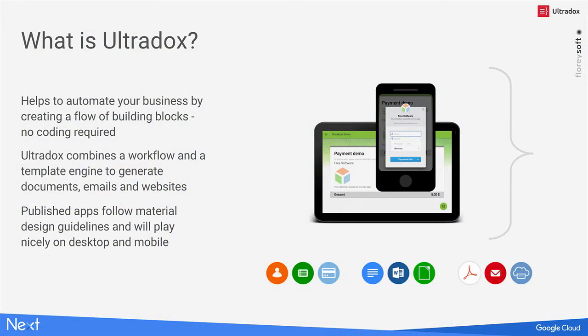Once you're happy with your flow, you can then publish your app with a single click and use it right away on your browser, on your mobile device, or your desktop.